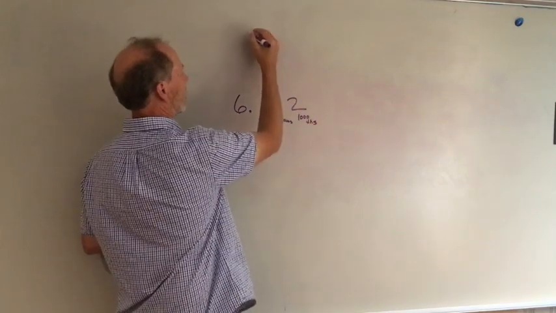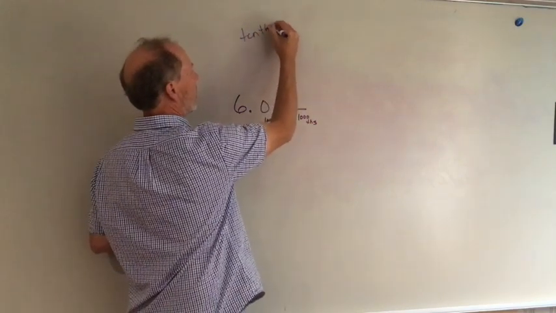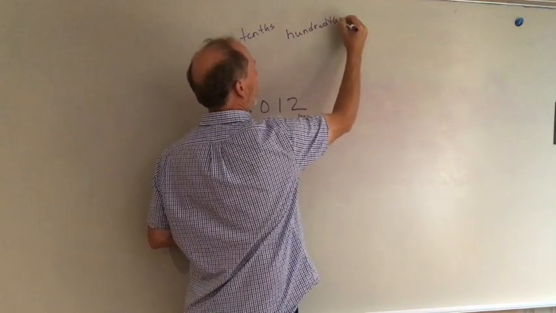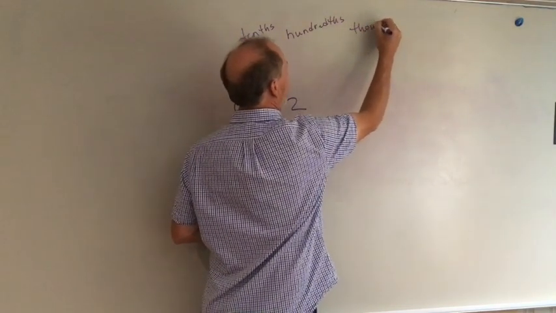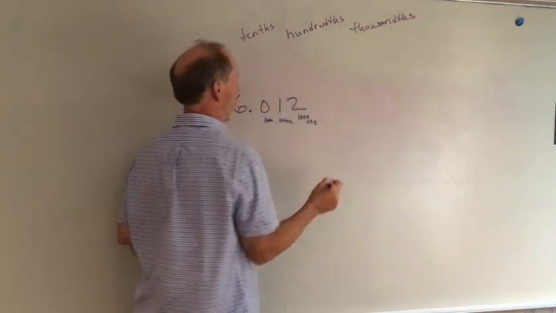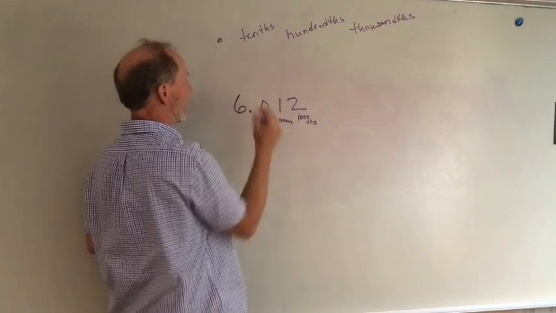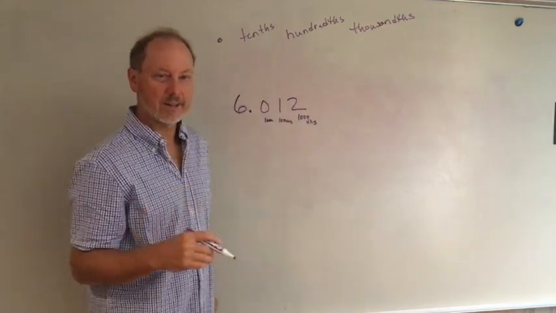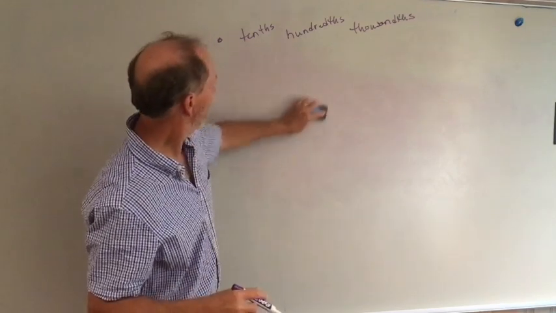If you want, you can keep like a little chart for yourself, you know, tenths, hundredths, thousandths. You can learn it pretty quickly, okay? And that's past the decimal. So this is 6 and 12 thousandths.